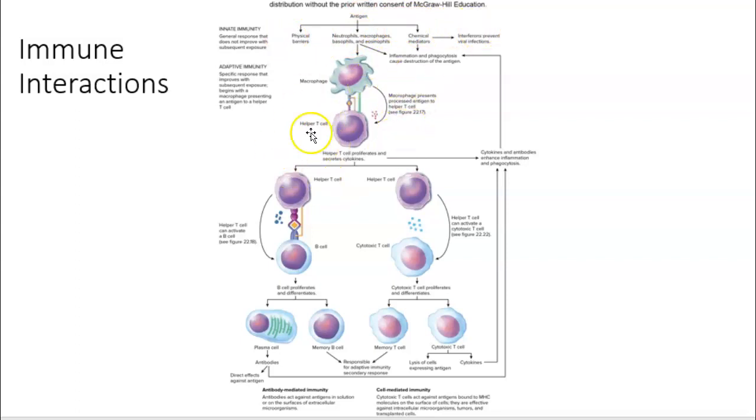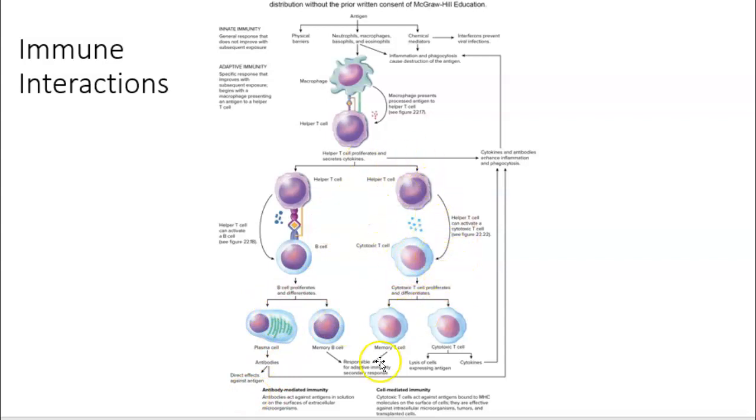Then we have adaptive immunity. Usually starts with a helper T cell being activated and presented with an antigen by a macrophage. Helper T cells can activate B cells that will then create plasma cells and memory B cells. Plasma cells will make antibodies. Helper T cells can activate cytotoxic T cells.